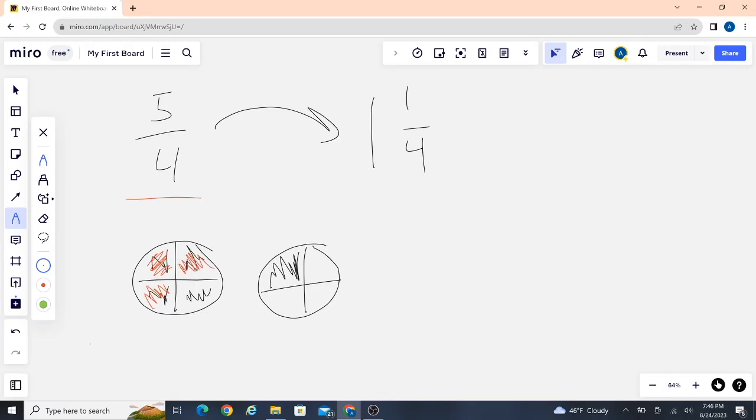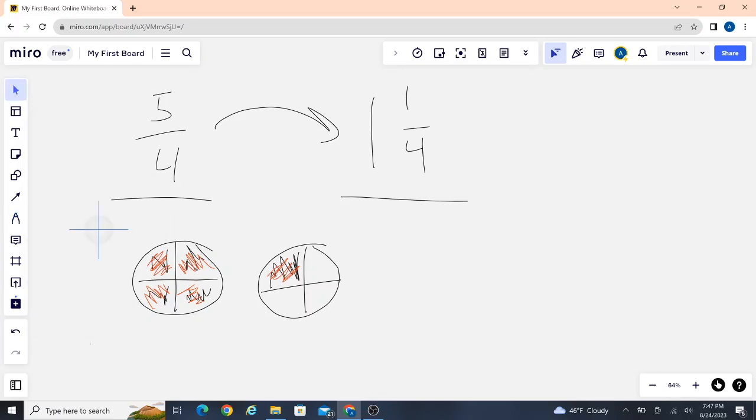If I shade in another one, I now have 3/4, and another is 4/4, and another, I now have 5/4 shaded in red here. So we can see from our shaded circle example that 5/4 is really the exact same as 1 1/4. That's all easy to do, just looking at this conceptually and drawing some diagrams.